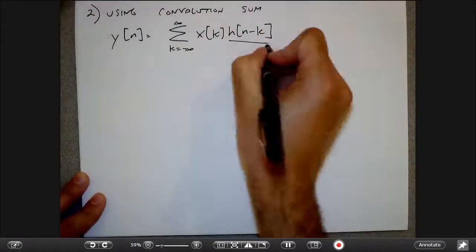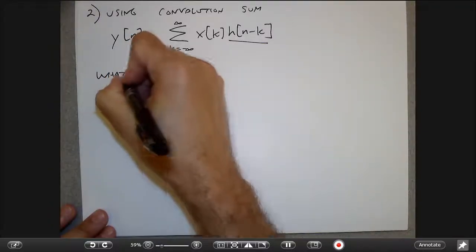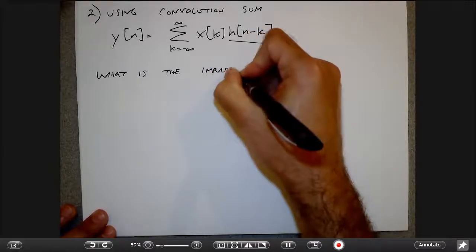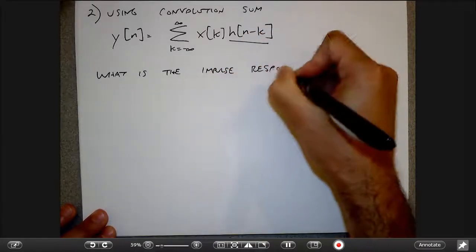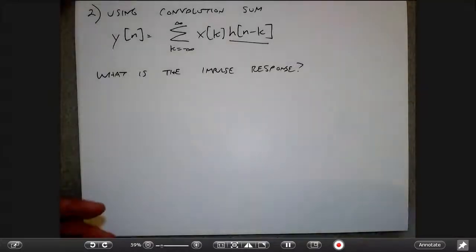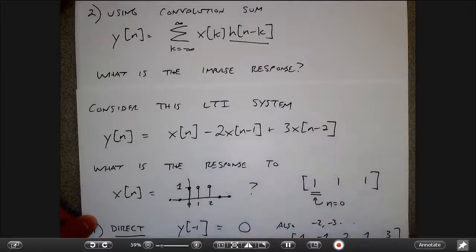So for that, I need to know what is the impulse response. So what is the impulse response? Well, again, I need to go back to my formula and figure out what the impulse response is, right? I mean, right now, there's no other way to do it.